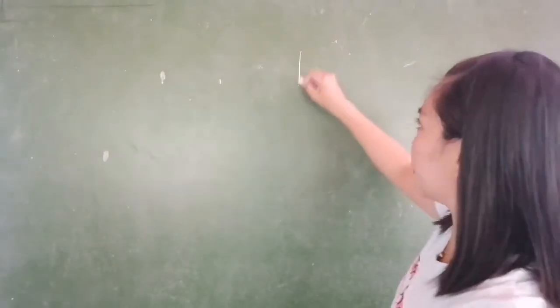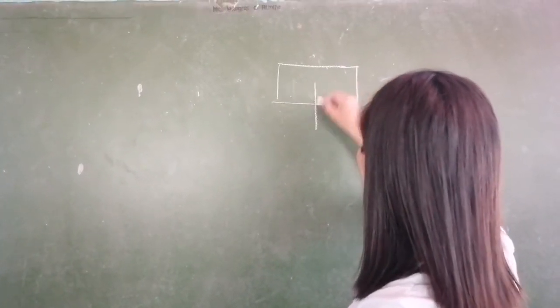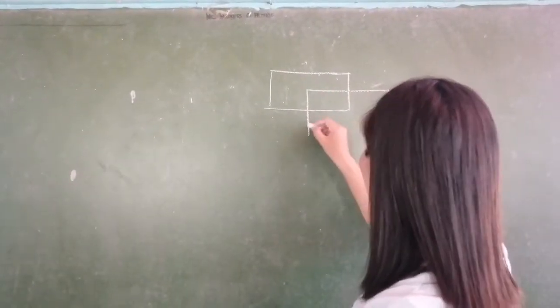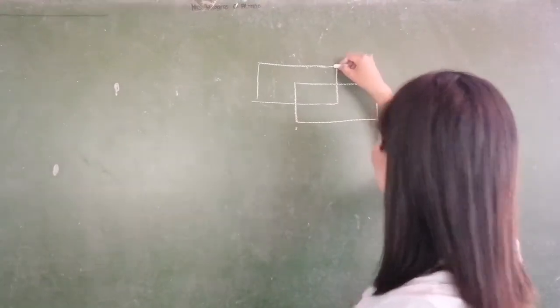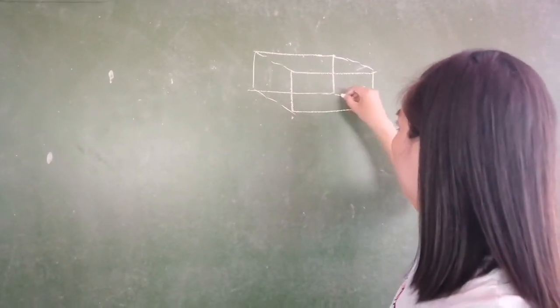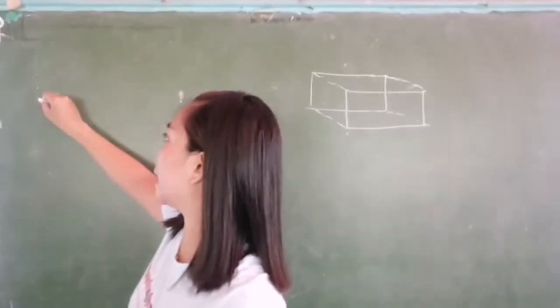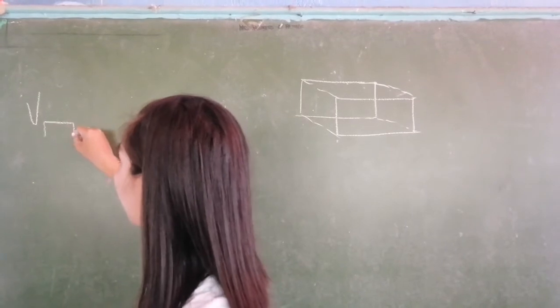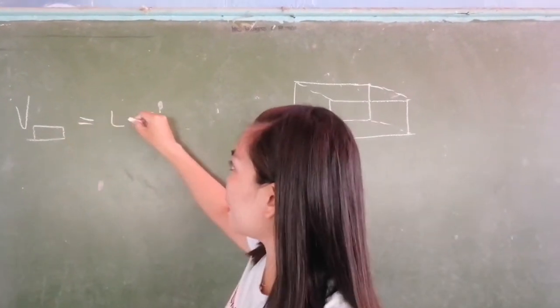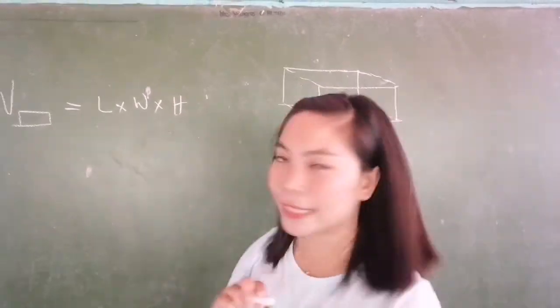Now, let's proceed to the volume of a rectangular prism. Ganito po yung rectangular prism. Okay, katulad lang po yan ng cube ang pagdodraw. So, pagpasensyahan nyo na po. So, the formula in finding the volume of a rectangular prism is length times width times height.